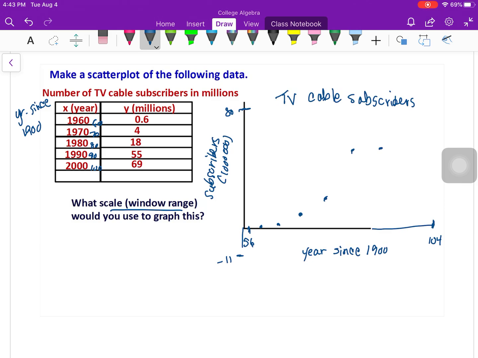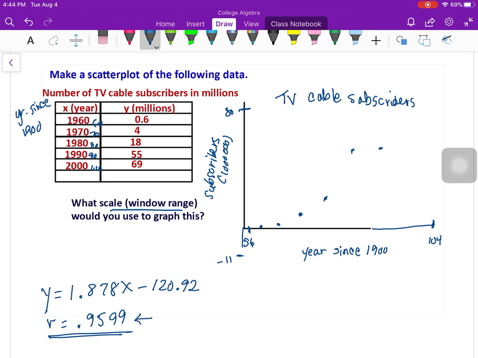So to find your equation, you simply do stat, calculate, and then you'll choose linear regression because this looks like a line. And we get y equals 1.878x minus 120.92.